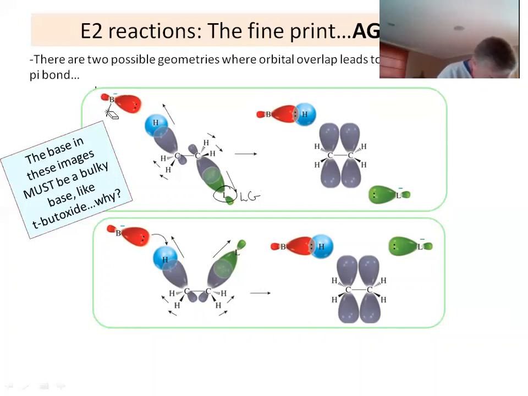This has to be an O minus attached to some big t-butoxide, CH3, CH3, CH3. So this has to be a big, bulky base that doesn't want to fight its way into the primary aliphatic carbon. And what it will do is come and find the beta hydrogen.